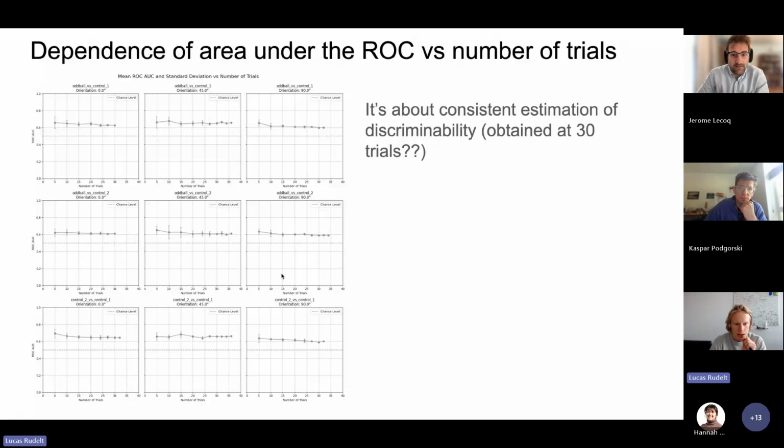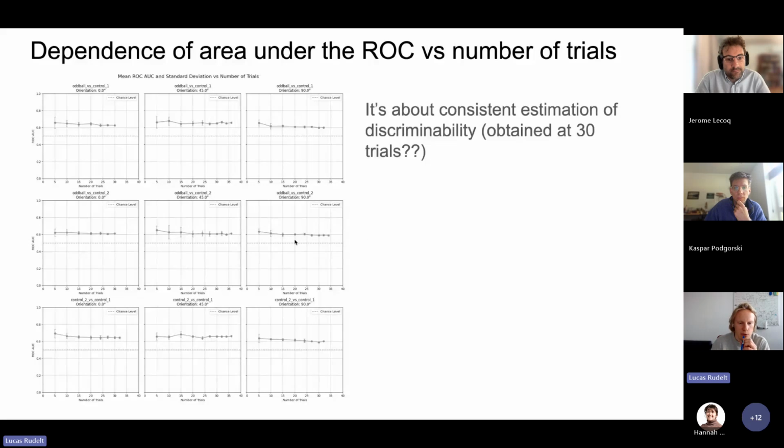Right. One note of caution here is that because we only have so few trials available to do this analysis, the decrease in error bars is also partly due to the fact that with subsampling, let's say 35 trials, or considering 85% of the trials during the subsampling, it will look very similar to this result.